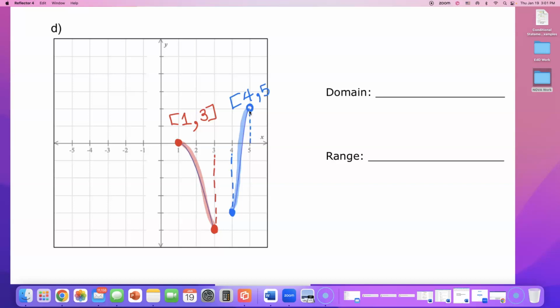But it's an open circle, so I'm going to draw a parenthesis. So when you want to type your answer, you will write this down. Okay, let me just copy this. But you will stick a U in the middle to say the domain is the union of this red and this blue. That's how you can read the domain of this function.